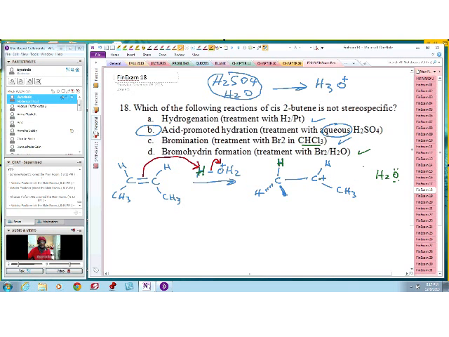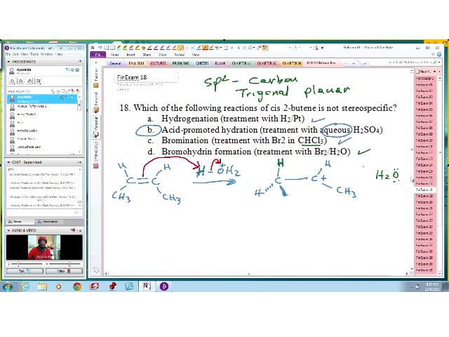Now, the moment you form a carbocation, the hybridization is an sp2 hybridized carbon, which means that this part of the molecule is what we call trigonal planar, meaning that this part of the molecule is flat.